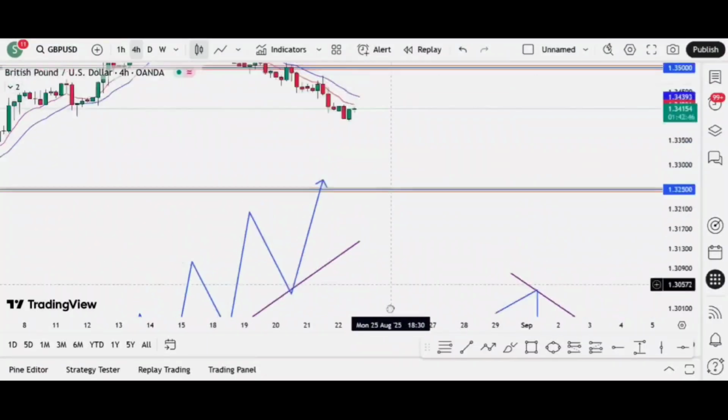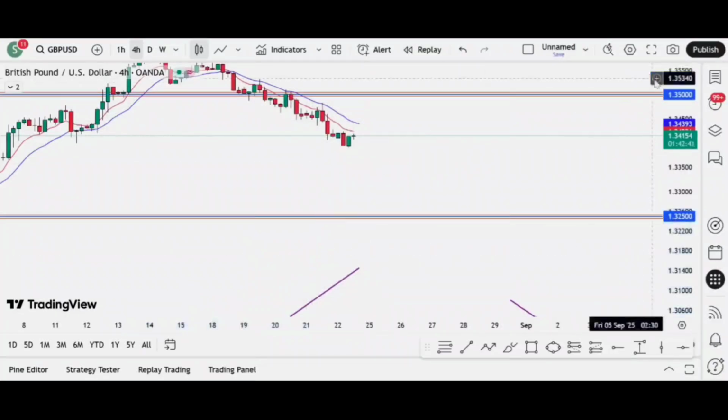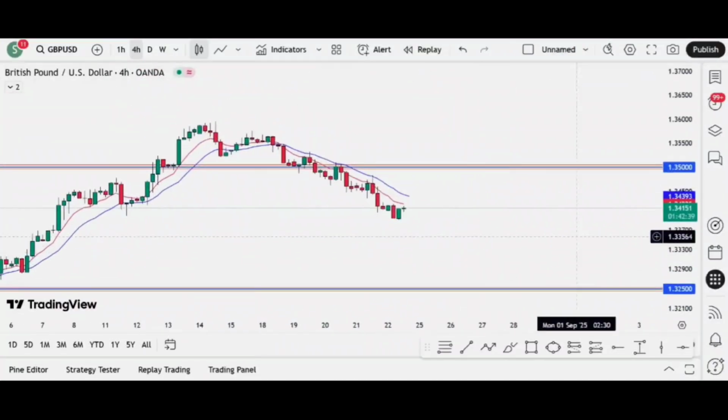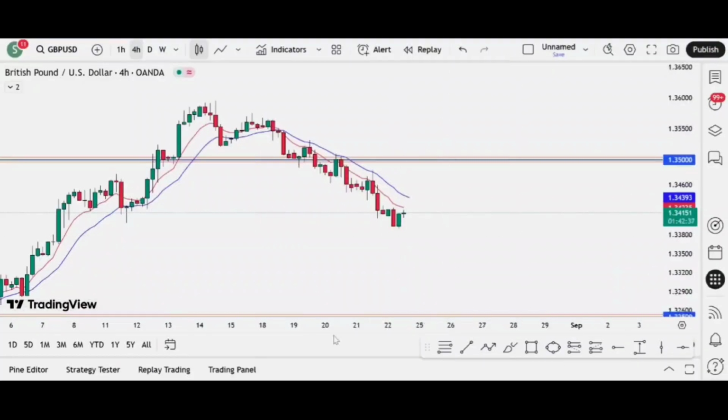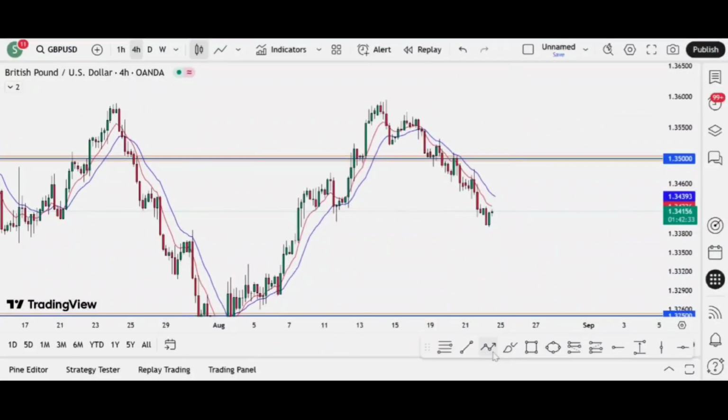Okay. So now we jump into the chart. Here we see the structure for downtrend. Here price keeps making higher high, higher low, higher high. Now here the trend is changed.